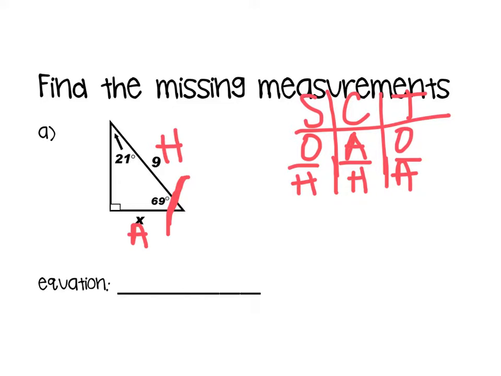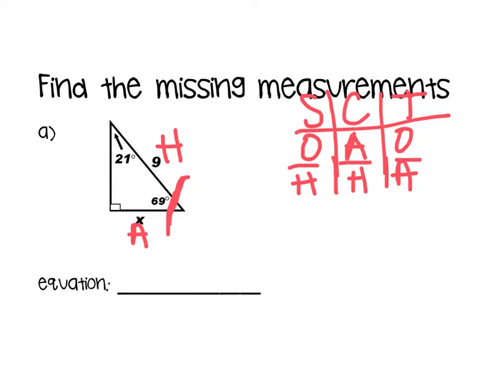And the reason that's important is because that tells me which trig ratio I'm going to use. I can either use sine, cosine, or tangent. In my problem, I have an adjacent side and I have a hypotenuse side. If you notice, that's the cosine trig ratio, because cosine is adjacent over hypotenuse.